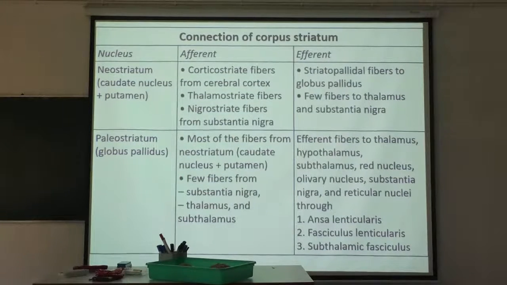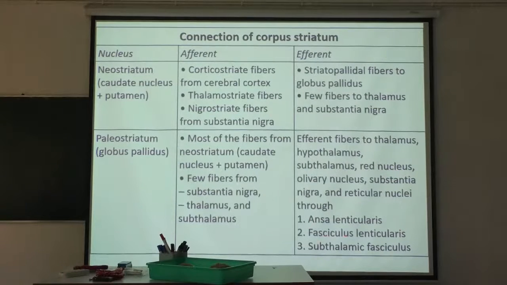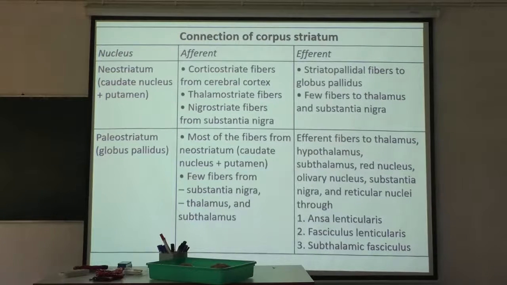And efferent fibers go to the thalamus, hypothalamus, subthalamus, red nucleus, olivary nucleus, substantia nigra, and reticular nuclei, through the ansa lenticularis, fasciculus lenticularis, and subthalamic fasciculus. Okay, so these are the efferents of the paleostriatum.